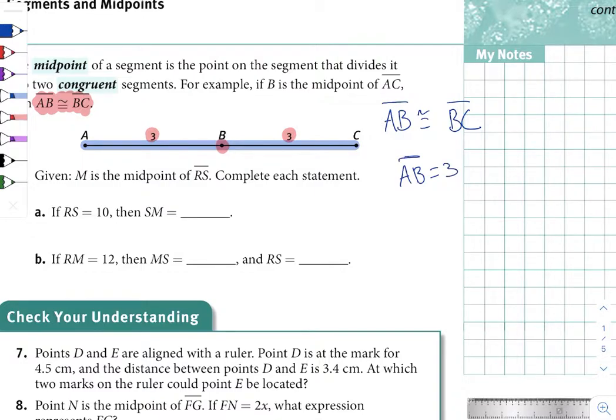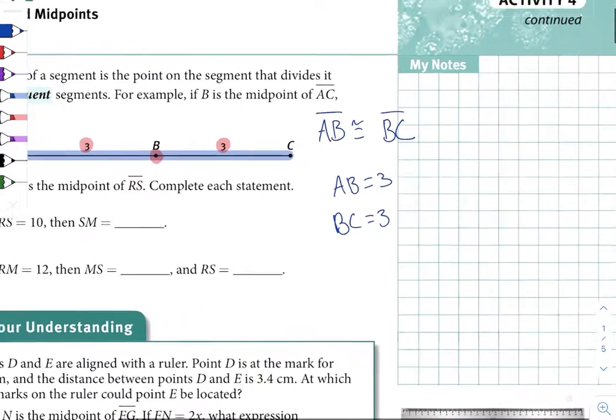When there's no line on top, that basically means I'm not talking about the line segment itself. I'm talking about the measurement of that line segment. Same thing, if I say BC equals 3, I'm saying the length of that line segment is 3. I'm not saying the line segment equals 3. It's the length of that line segment equals 3.